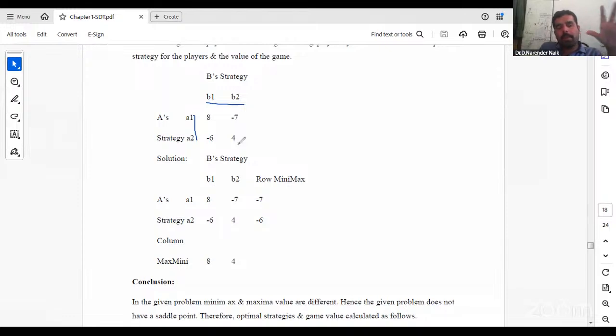When the problem is given, first we have to check whether the saddle point exists or not. If the saddle point exists, the problem ends there itself. If the saddle point does not exist, then we do the problem as mixed strategy, applying all the principles here. So first, what we have to do is check the saddle point.